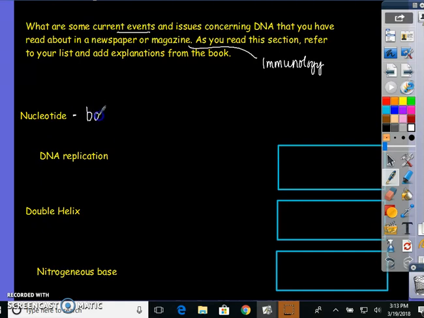So I'm going to write basic structural unit of DNA, and it's also of RNA too. These fit under the premise of nucleic acids, which is where we find nucleotides.